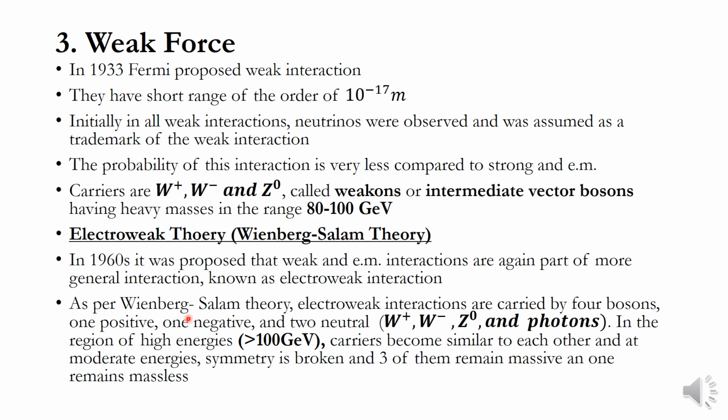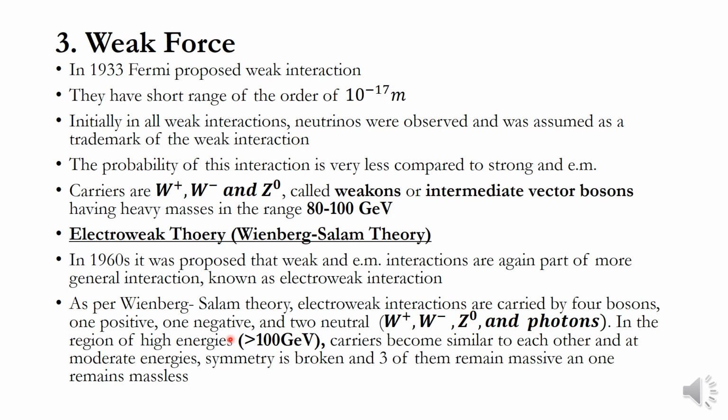As per this theory, the electroweak interactions are carried by 4 bosons, one positive, one negative, 2 neutral, that is W plus, W minus, Z0, which are the weak-ons, and the photon.